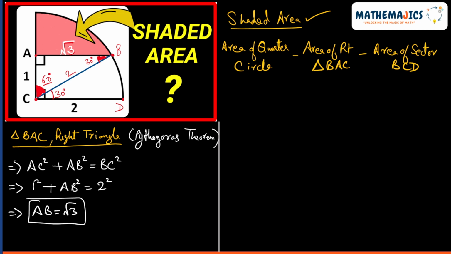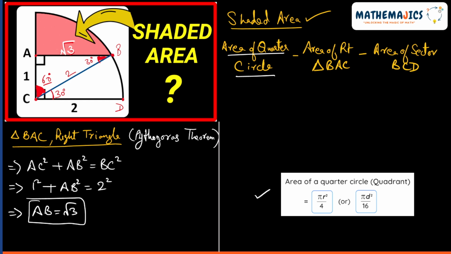Now let's start with the area of quarter circle. So first of all, what is the formula for area of a quarter circle? Area of a quarter circle is pi r square upon 4. So pi, radius of this quarter circle is 2, upon 4. Correct?